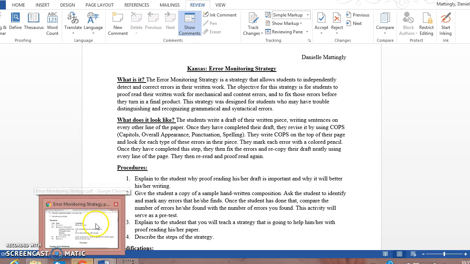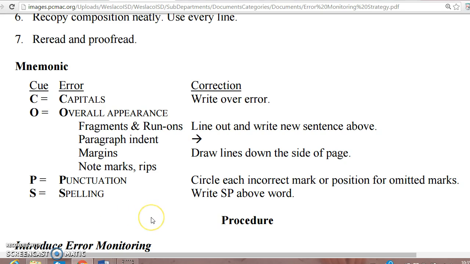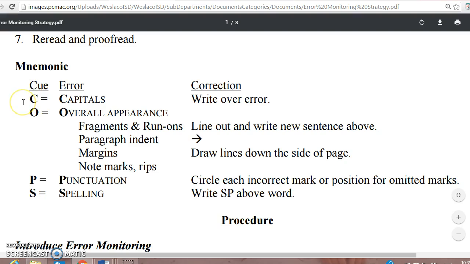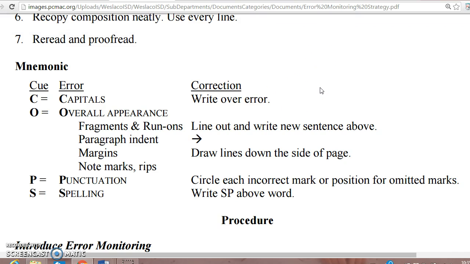Just to show you guys a picture of what COPS looks like, this gives you the mnemonics, so it tells you what each letter stands for, and then it tells you what the student does to correct that error. So like C for capitals, they'll take their colored pencil and write over that error.